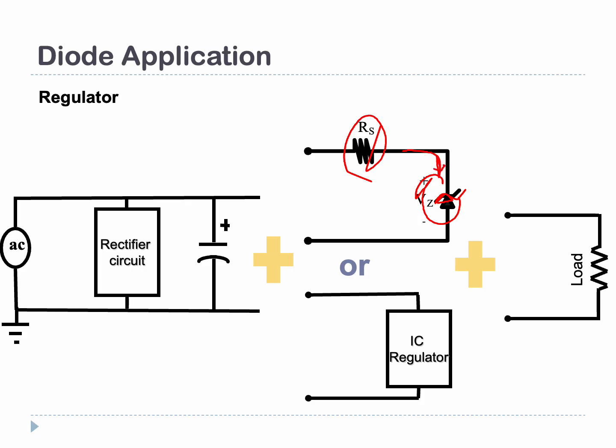So these are the components needed for a regulator. The main component, of course, is the Zener diode, but we also have a limiting resistance, usually denoted as RS. And then we have the output, which is connected to a load resistance.